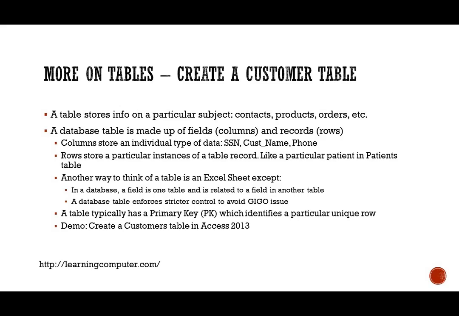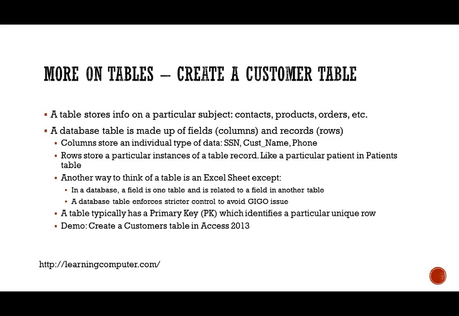Okay, and a little bit extra on a table. A database table is made up of fields, which are also known as columns, and records, which are also known as rows. Okay, so the columns store an individual type of information, let's say social security number, a customer name, a phone, patient name, whatnot.